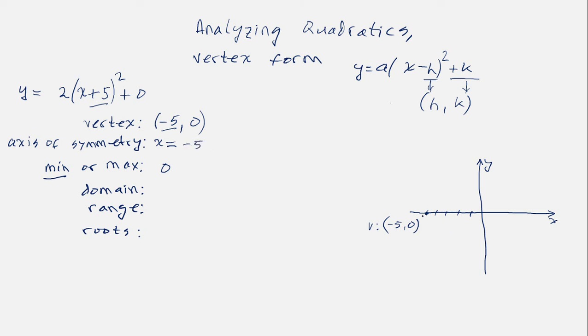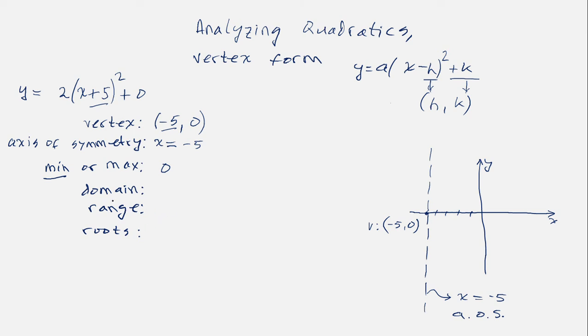So we will have a vertical line that goes through this point and cuts the parabola into two symmetrical pieces. So this is our x equals negative 5, and that's our axis of symmetry. Okay. Now the range is also going to start from that value.